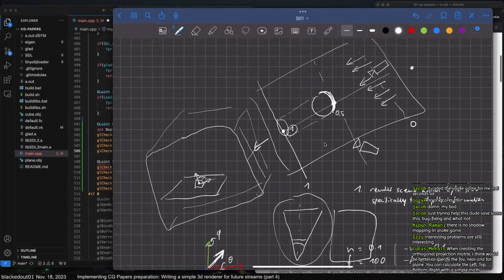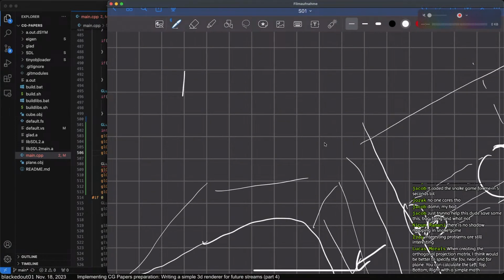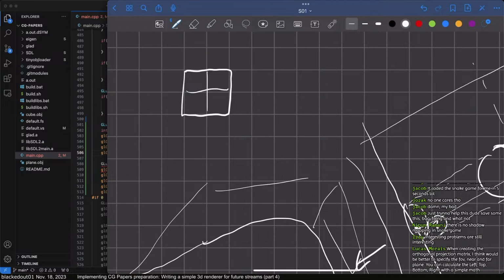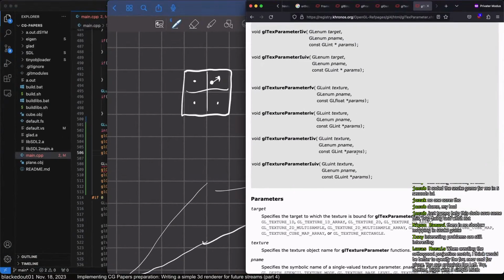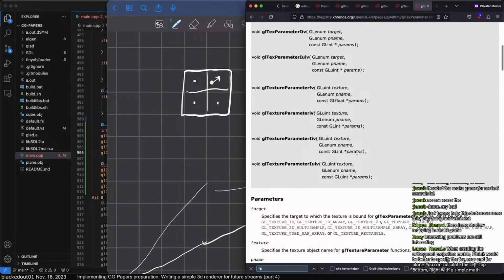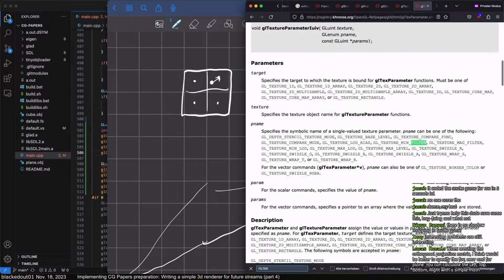So for example, if this is your texture, which is 2 by 2 now, and you sample at a position that is here, you can specify if it should just take the nearest color value, because of course there are only colors stored at these positions here. Or for example, if it should use a bilinear interpolation. That's what you can do with these texture filters, I think.